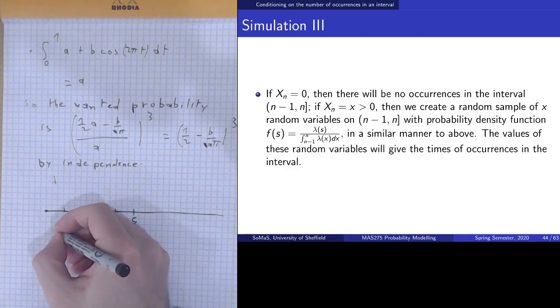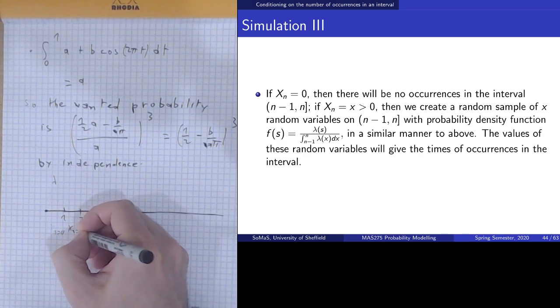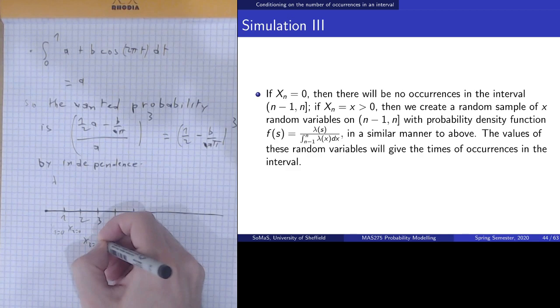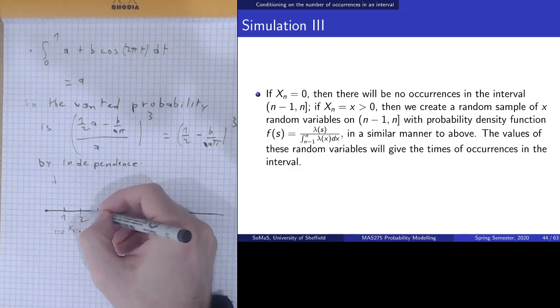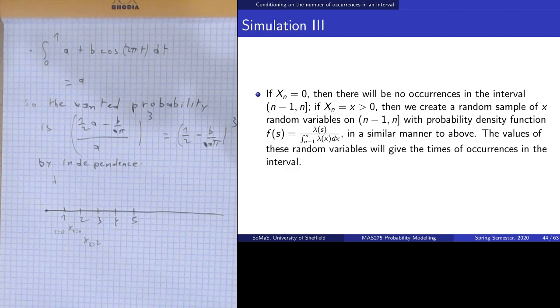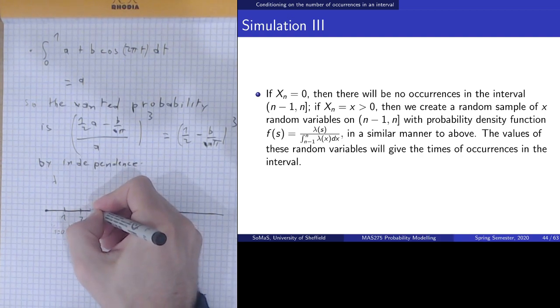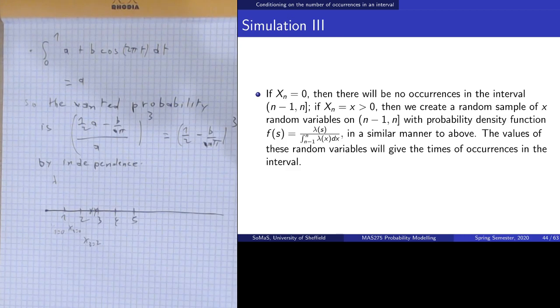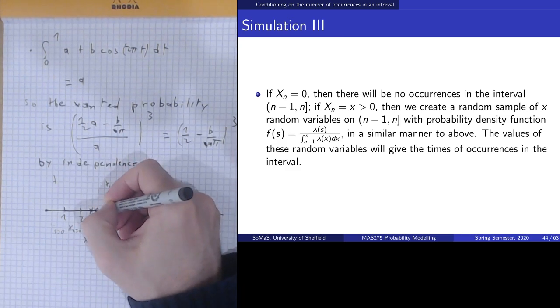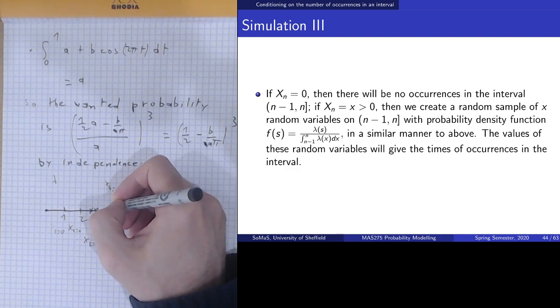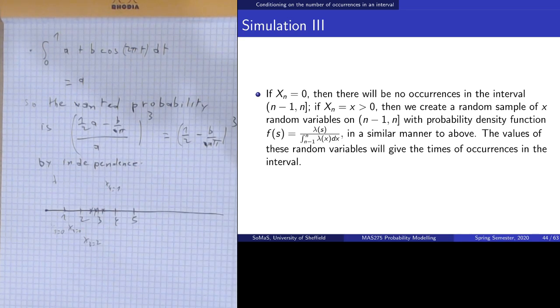So let's say maybe x1 equals 0, x2 equals 0, but x3 was equal to 2. So I have 2 points I need to put in here. And I choose 2 points with density proportional to the rate. For it to be a density, the integral has to be 1. So we divide the rate by its integral. And this gives us the proper density. Then maybe I land here and here. Then maybe x4 equals 1. So I need to put 1 point here, chosen with density proportional to the rate between 3 and 4, so maybe it lands here, and so on and so forth.